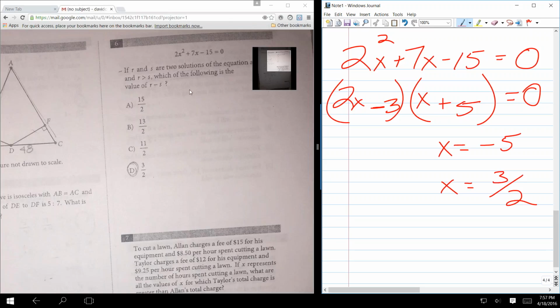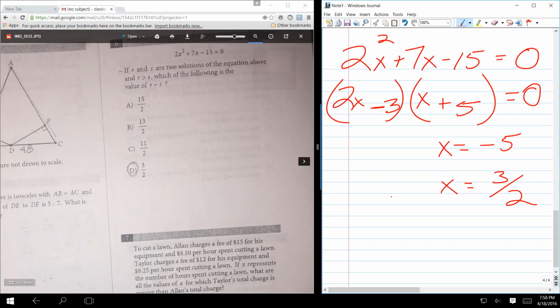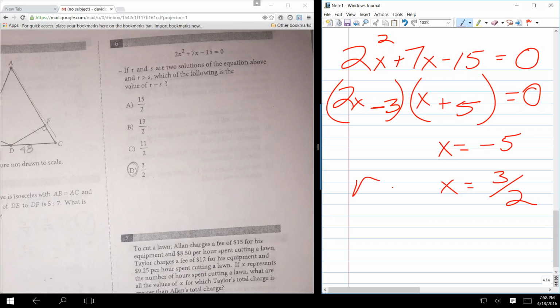Now that we have our solutions, where r is greater than s, which one of these is r? R is greater than S. One of these is s, one of them is r. 3 over 2 is bigger than negative 5. So that's r.